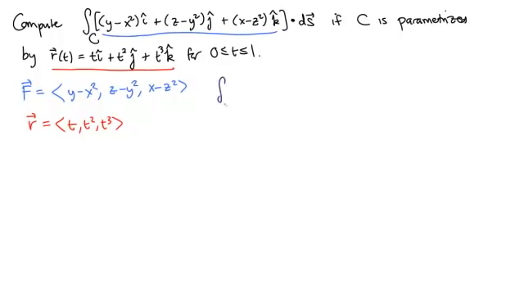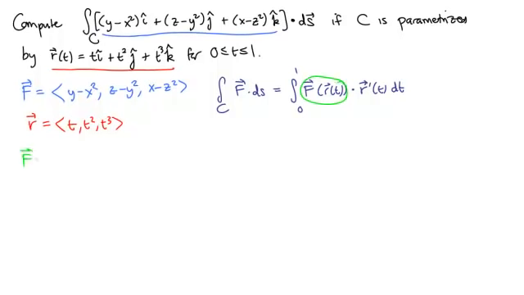To work out the integral of this vector field dotted with ds, we simply need to work out f of r of t dotted with the derivative r prime of t dt, and we evaluate this from the starting value t equals 0 to the ending value t equals 1. So let's work out each of these individual pieces. First off, f of r of t.